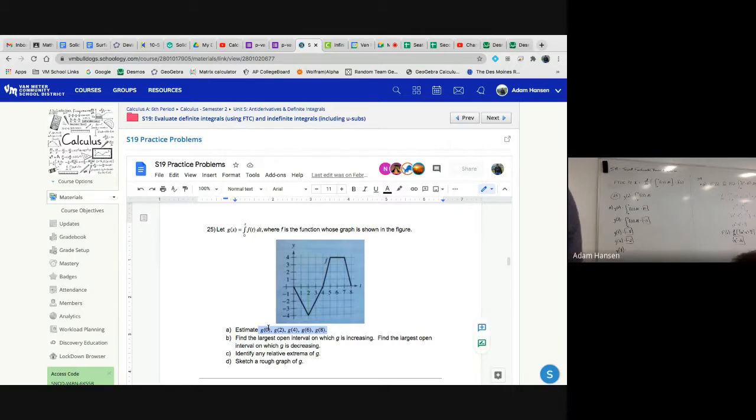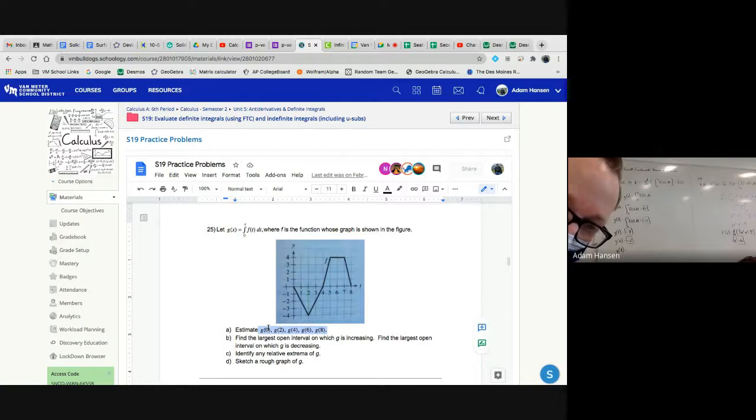I have slightly more below the x-axis than above the x-axis for g of 6. About 8. See, it looks like a trapezoid here. Half the height, so half of 4, times the sum of the two bases. 4 and 4 is 8.